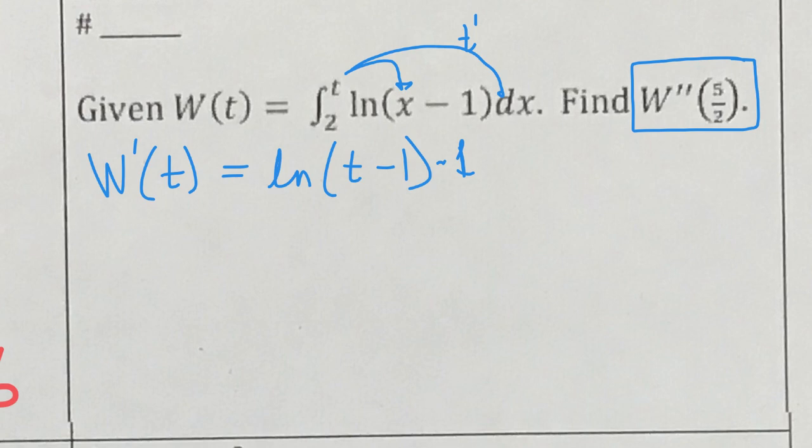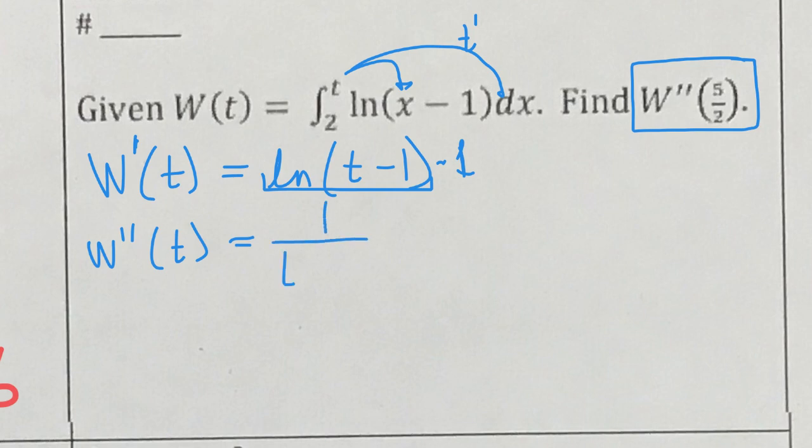So if this is our w prime, then what is our second derivative? Take the derivative of natural log t minus 1. The derivative of a natural log is 1 over t minus 1 times the derivative of t minus 1, which is just 1 also.